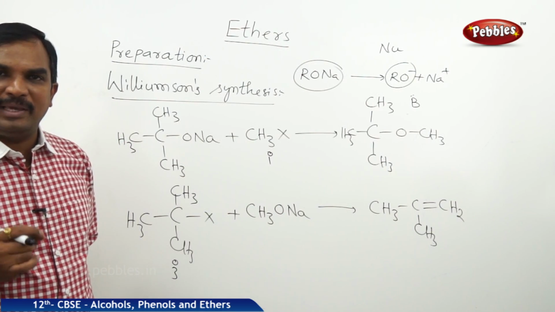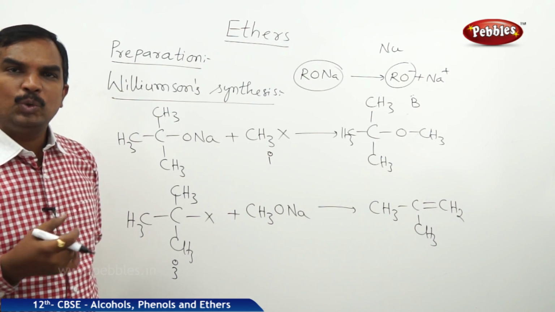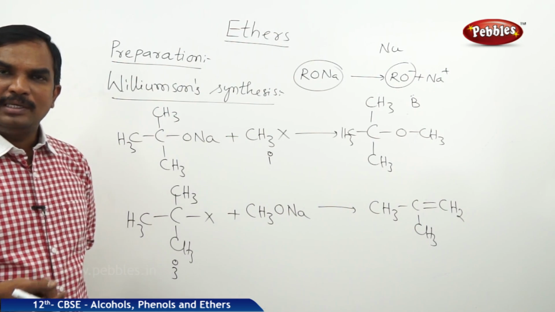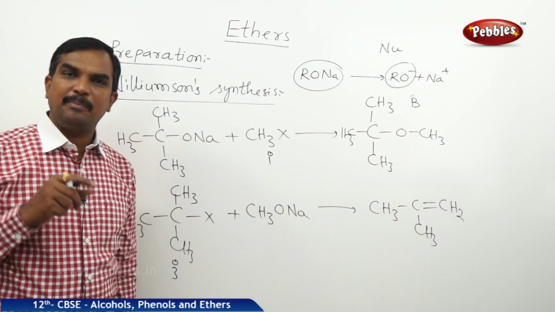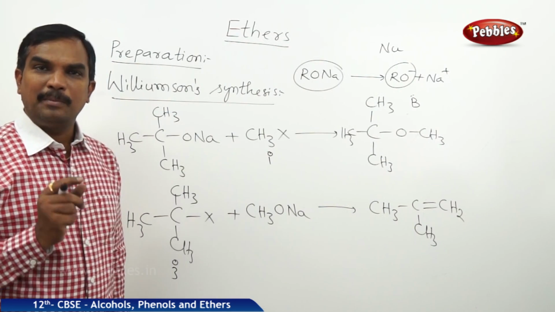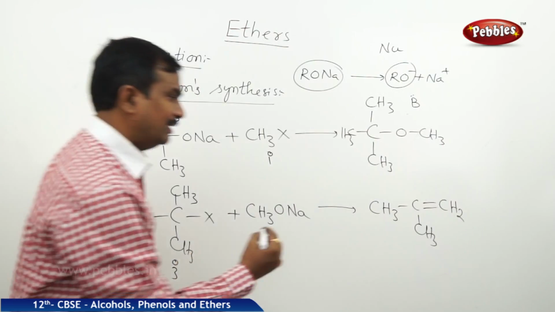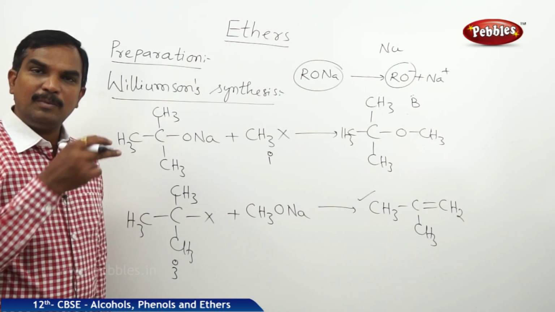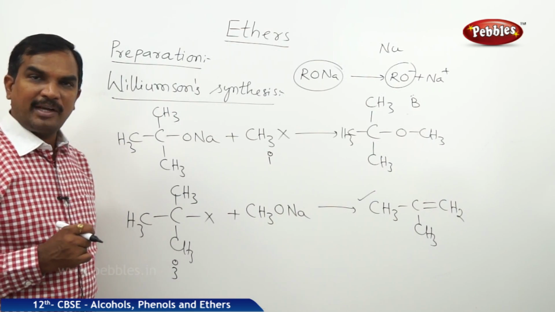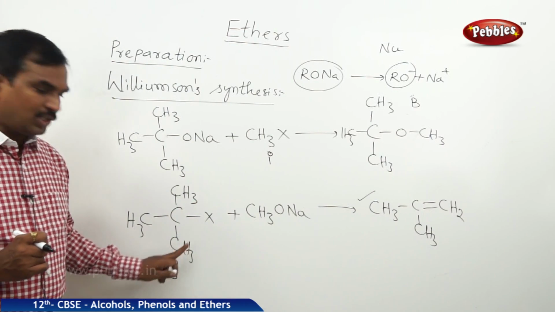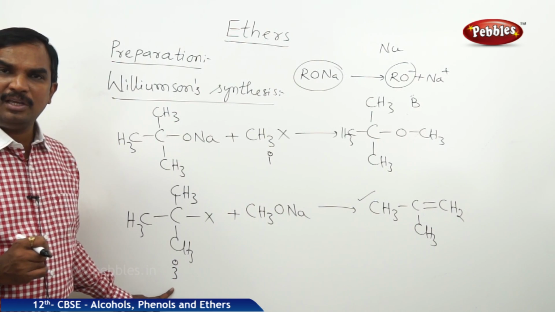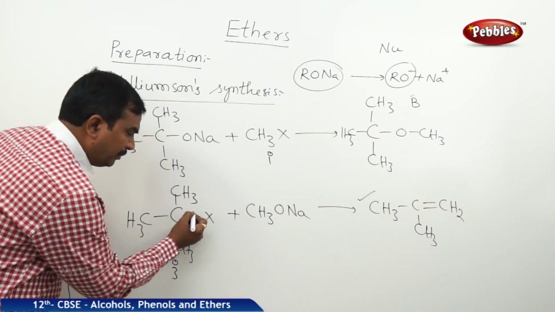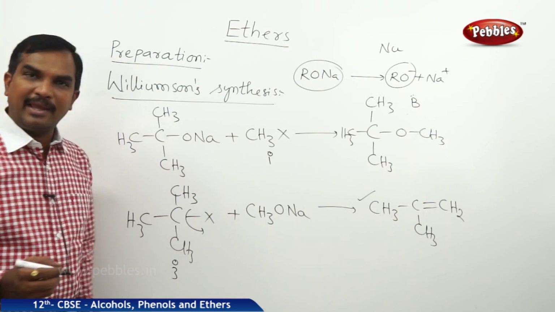Whenever it acts as a base, it has the ability to remove hydrogens, to eliminate the hydrogens. So whenever it acts as a base, it will generally prefer to give the final product of this kind. That's why we can expect the eliminated product to be the major product in the presence of tertiary alkyl halides, because in the reaction this will be removed as halide.